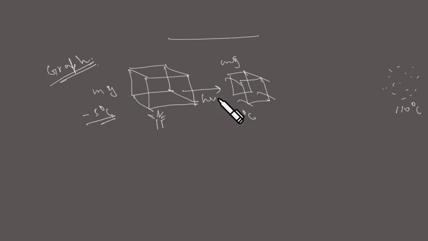For that we need heat, of course. Then it will become m gram of liquid at 0 degrees Celsius, where we will need latent heat.